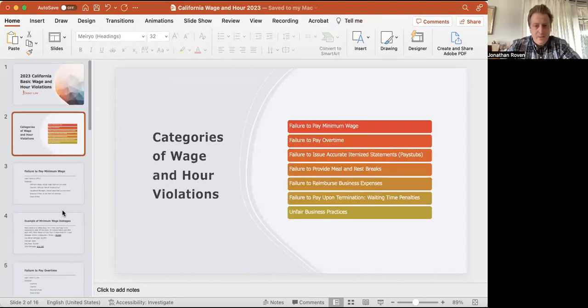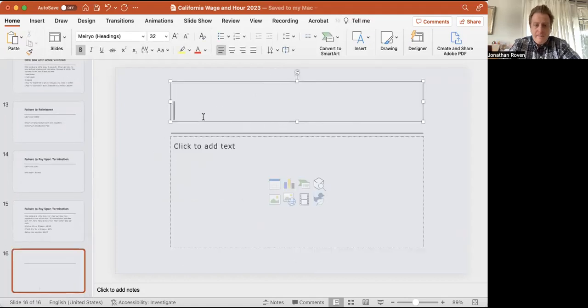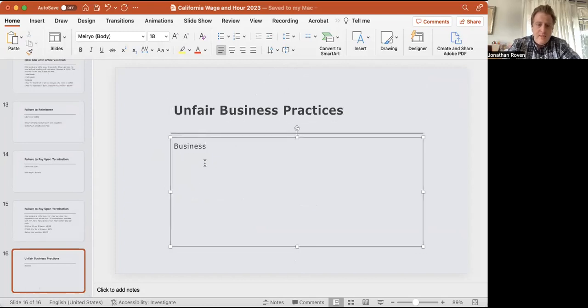And now finally, we're going to do what is called unfair business practices. That is under Business and Professions Code section 17200.